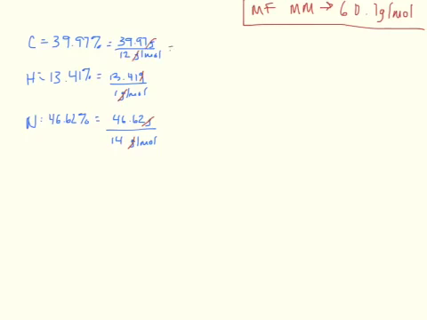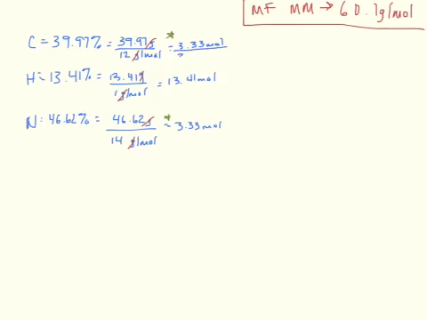Carbon gives us 3.33 moles, hydrogen gives us 13.41 moles, and nitrogen gives us 3.33 moles. Lucky for us, we're tied for first place in the lowest molar count.